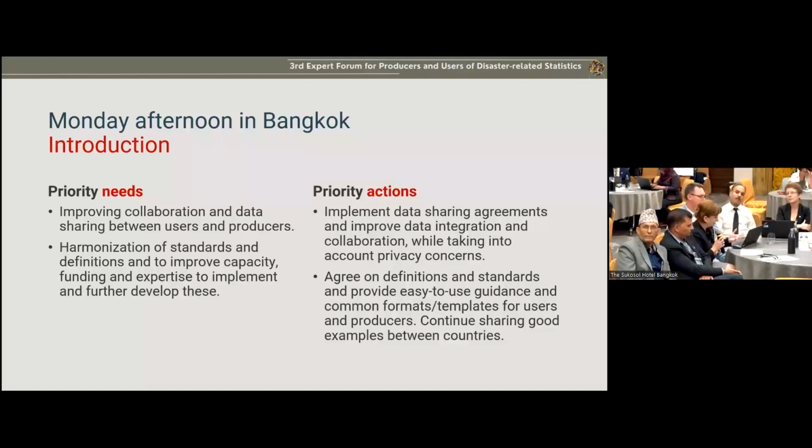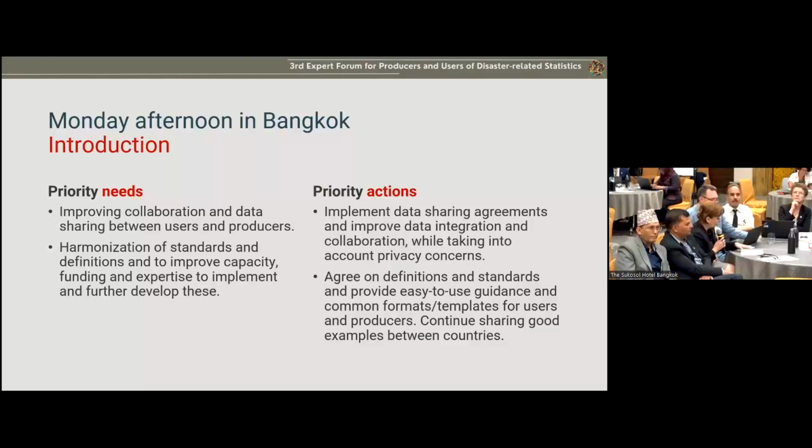What is the main action to do that? Agree on definitions and standards between different agencies and provide guidance and common formats and templates to users and producers. And one more thing, for countries that need translation of these guidelines, it's very important to disseminate that information.